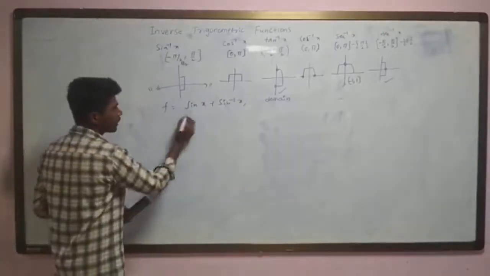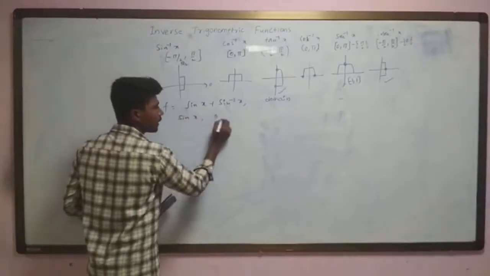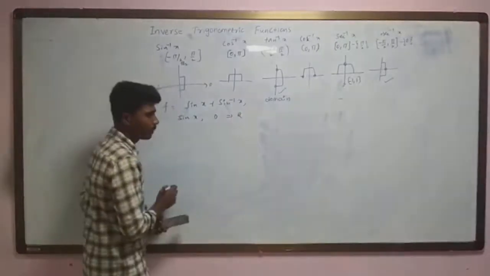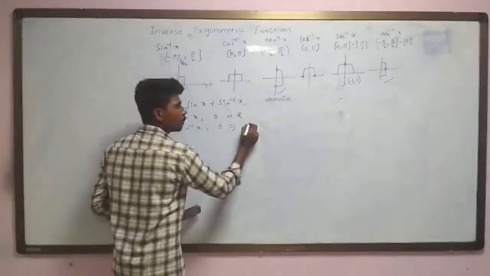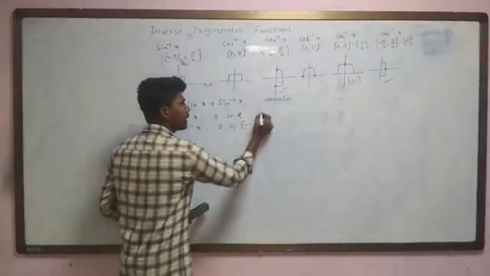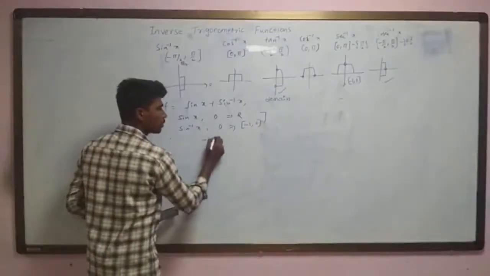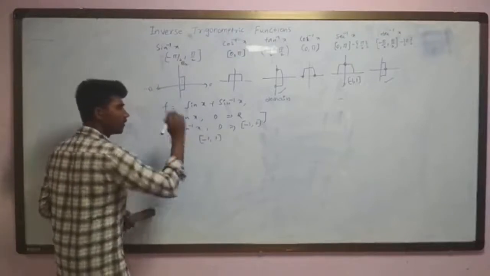The domain of sin x is the real numbers. The domain of sin inverse x is -1 to 1. So the intersection is -1 to 1, which is the domain of the given function.